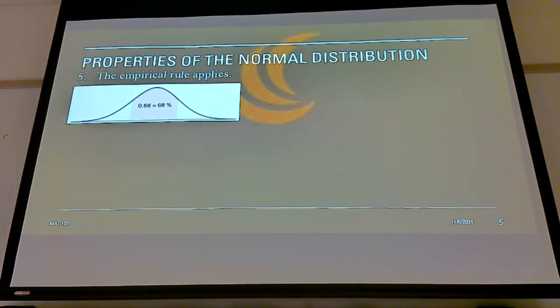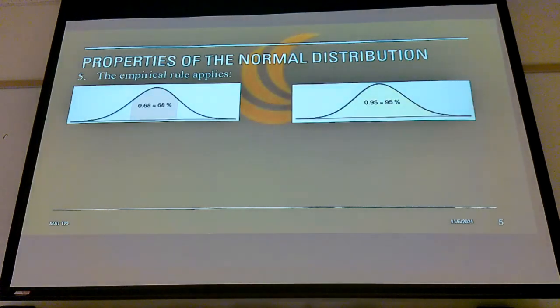That area is the area from the mean minus the standard deviation to the mean plus the standard deviation. And that area has to be 0.68. Within 2 standard deviations, you have about 95% of your data. So the area within 2 standard deviations of the mean would be 0.95.